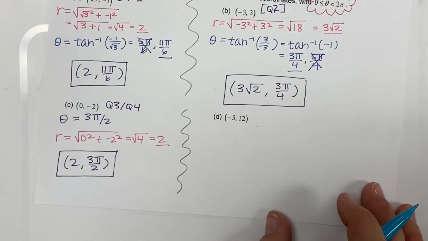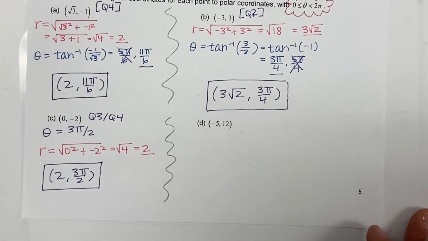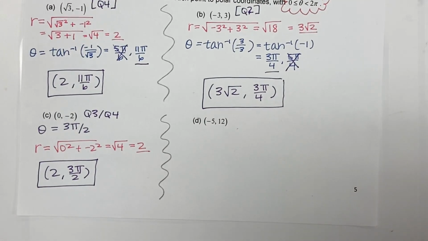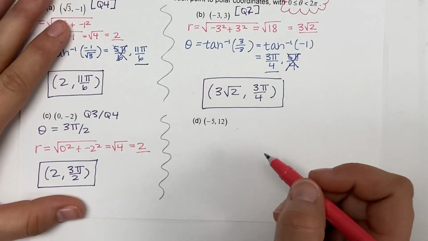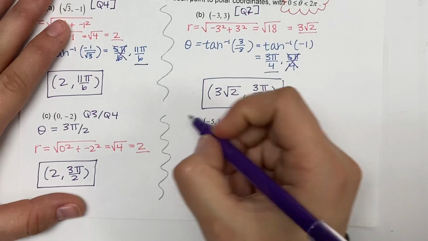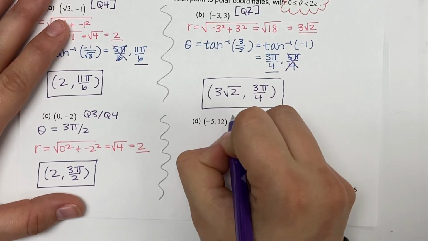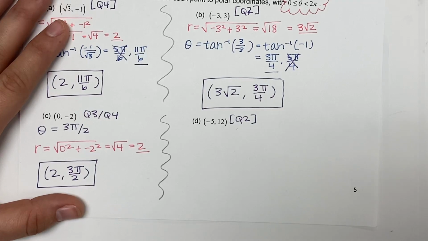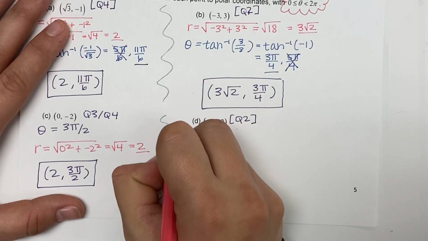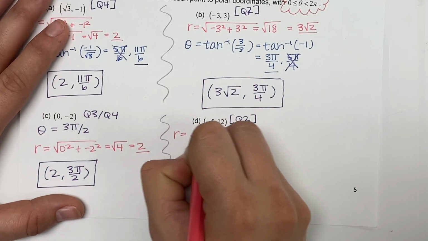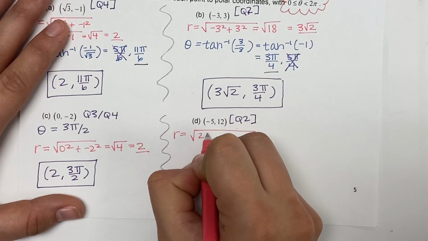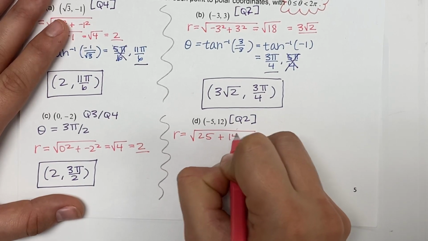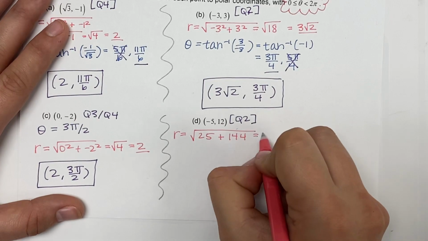Okay. This one is a crazy one. You will need your calculator for this one. Okay. Put your pre-AP pants on. So -5, 12 is in quadrant what? 2. So let's find the radius. That'll be 25, that'll be 144.